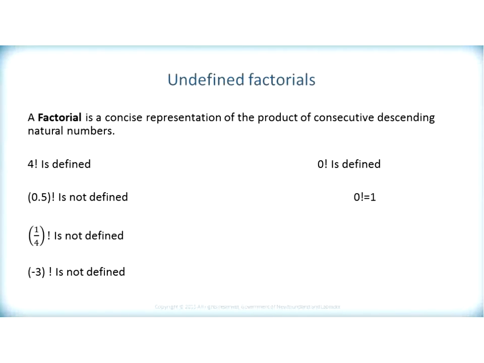Undefined factorials. Once again, a factorial is a concise representation of a product of consecutive descending natural numbers. 4 factorial is defined. It would be 4 times 3 times 2 times 1. 0.5 factorial is not defined, since 0.5 is not a natural number. 1/4 factorial is not defined, since 1/4 is not a natural number.